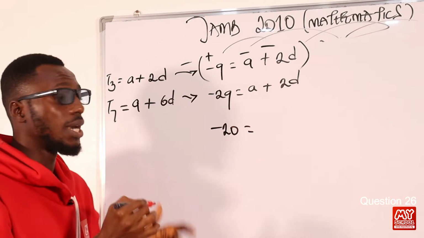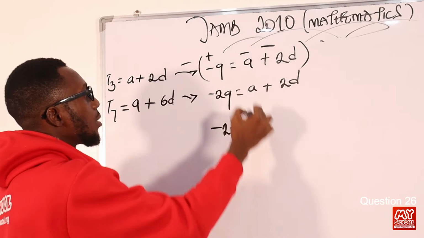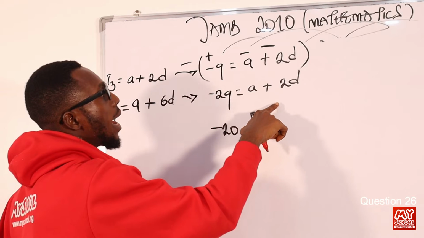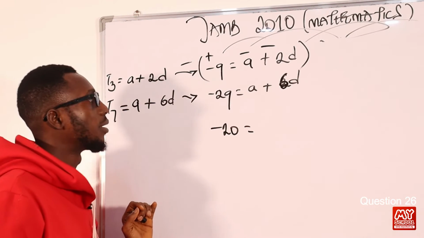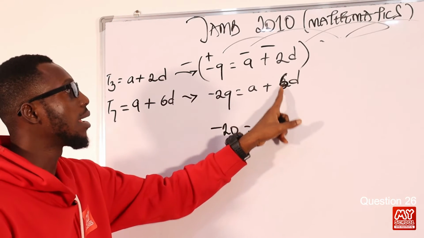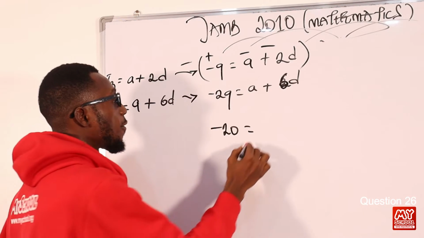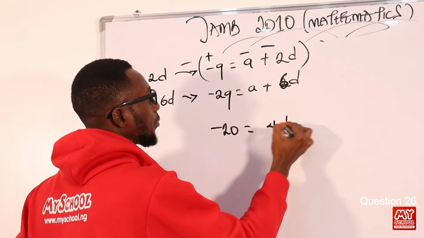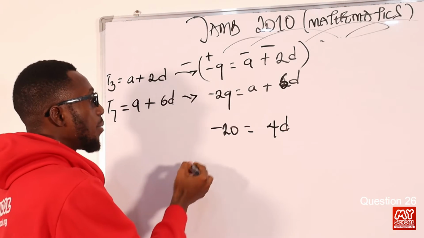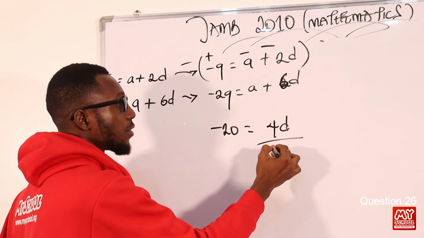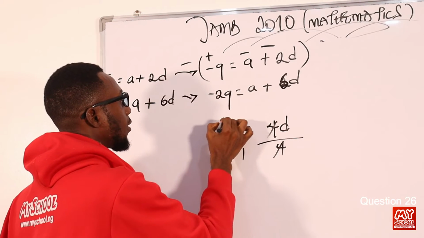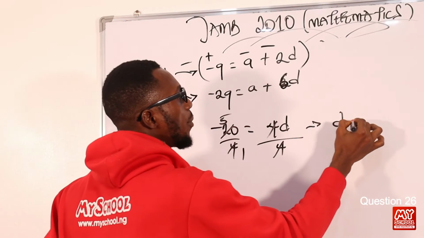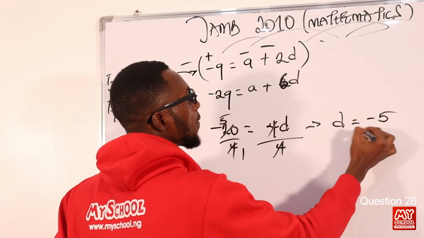If we subtract, A minus A, that is 0. Then I have, oh, right here it should be 6D, please. Sorry about that. So 6D minus 2D, that is 4D. So what do we do? Divide both sides by 4, which is the coefficient of D. So I can see that my common difference is -5.